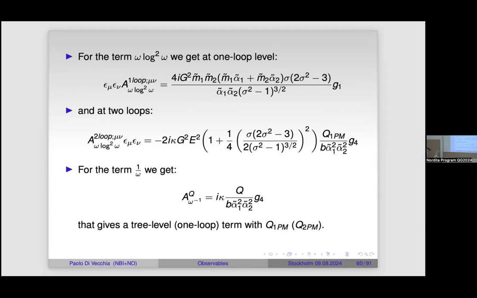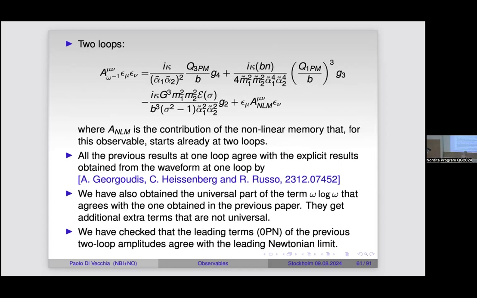And for the 1 over omega term, there is this term at tree level and 1 loop, putting the impulse at 1 PM or 2 PM. And this is the two-loop expression, where you have the nonlinear memory at 2 loops.